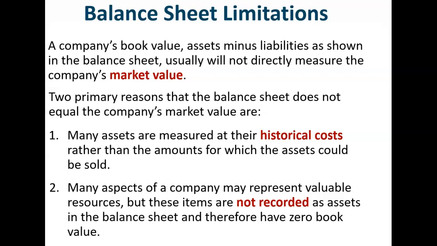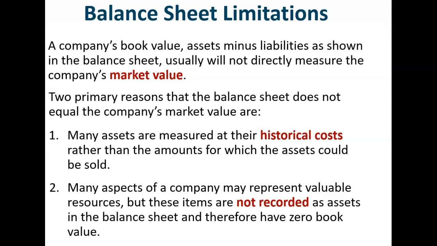The two primary reasons that a company's book value in the balance sheet does not equal its market value are: 1. Many assets like land and buildings are measured at their historical cost rather than amounts for which these assets could be sold. The amounts at which these assets could be sold, by the way, is often referred to as the asset's fair value.